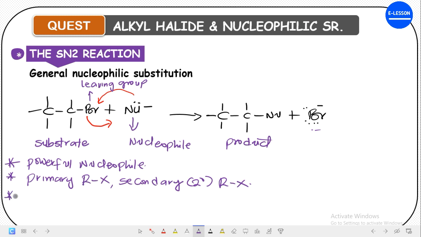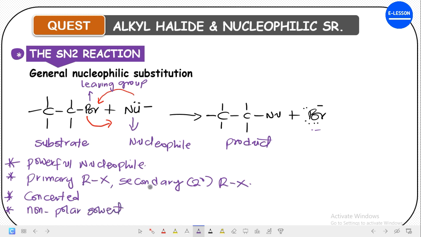And then another condition is the reaction must be concerted. When it is concerted, that means the reactants are already converted to product, then it's an SN2 reaction. Now, another thing is that SN2 usually occurs in non-polar solvent.